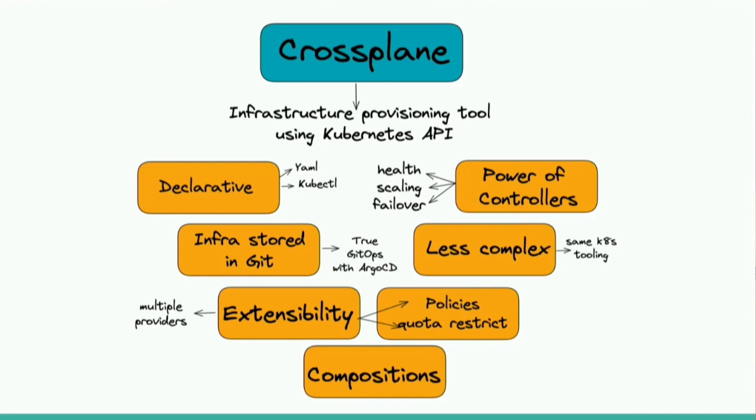So Crossplane is an infrastructure provisioning tool. For example, you want to provision the resources, the computes, the Kubernetes clusters, and all these things in your particular cloud vendor. You can do that via Crossplane, and it is using the Kubernetes API. Now here is the benefit and the power that it is giving. It is natively using the Kubernetes API to declare your infrastructure.